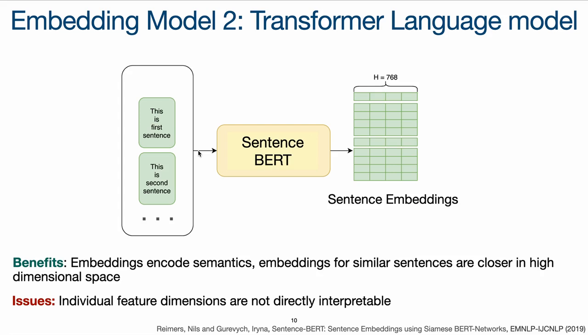The other embedding method that we've used is a transformer model like SentenceBERT, which transforms the text into dense vectors that encode semantic information about it. Text embeddings are then visualized into 2D space using a dimensionality reduction algorithm like t-SNE or UMAP.